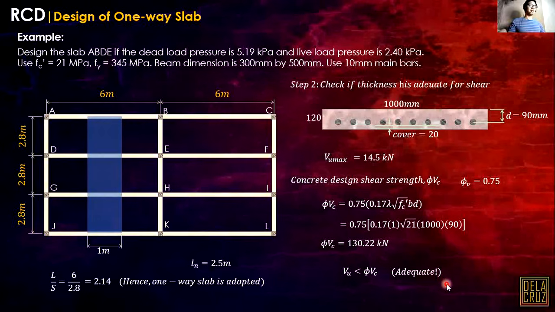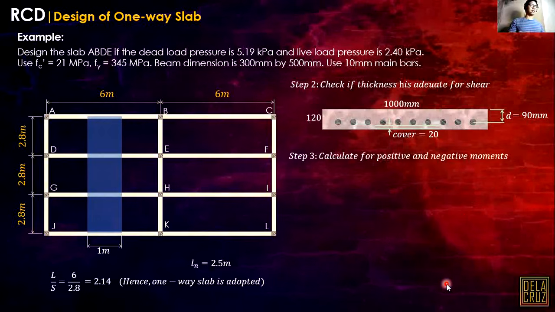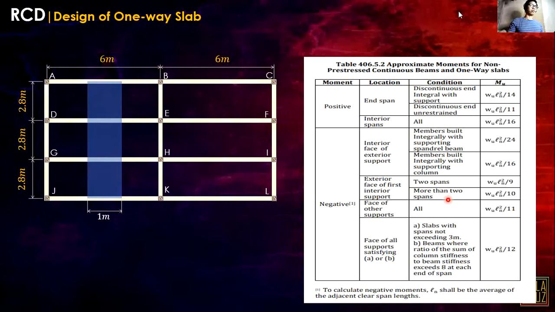Okay, so proceeding this one, after we check the shear, then hindi na natin yun gagamitin. Dito naman, i-calculate natin yung positive and negative moments to be used in design. Okay, so ano yung gagamitin natin? So again, ito, yung code na ito. Approximate moments for non-pre-stressed continuous beams and one-way slabs.